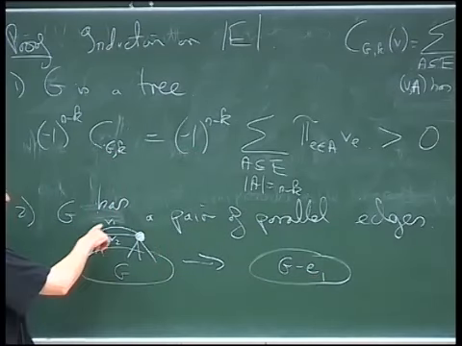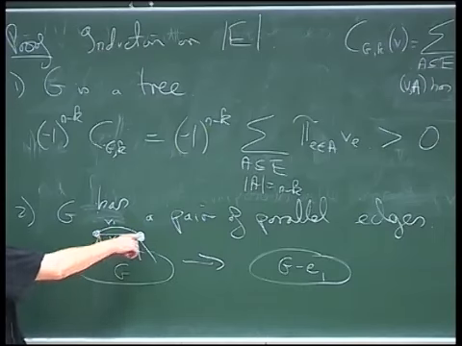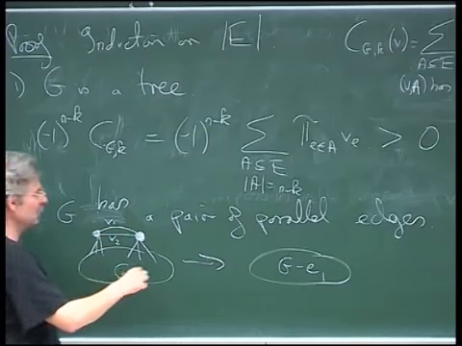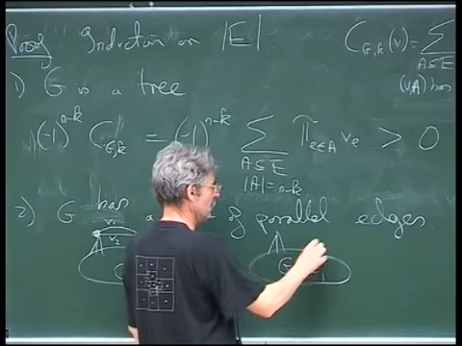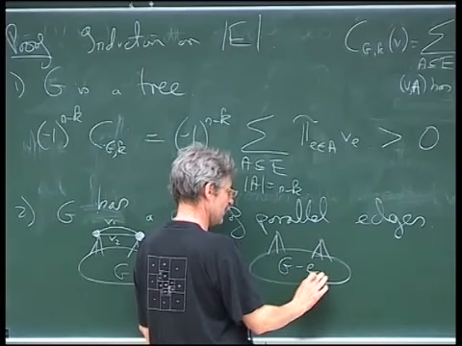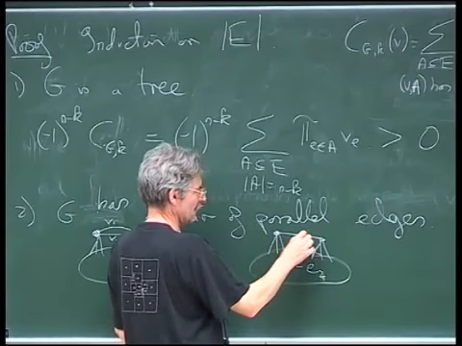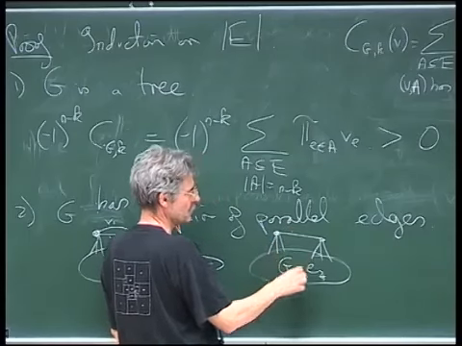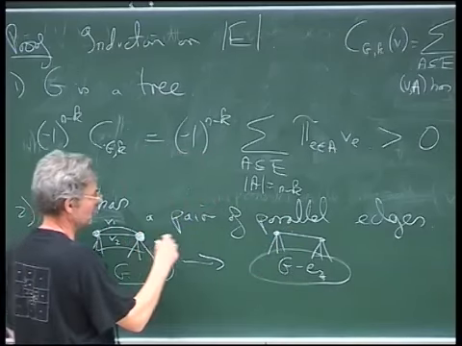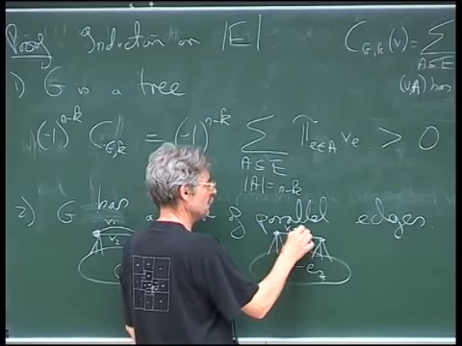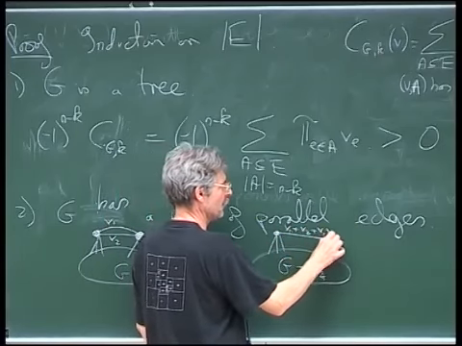So the top edge is e1 and it's got weight v1, and the bottom edge is e2 and it's got weight v2. And the weight on this new edge, which is actually just going to be e1, is v1 plus v2 plus v1 v2.